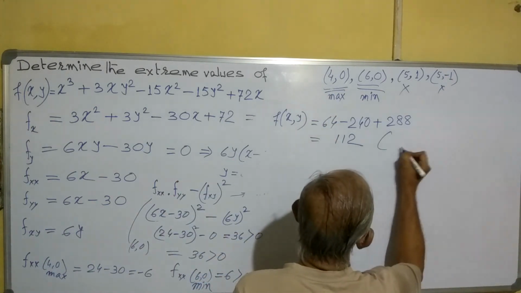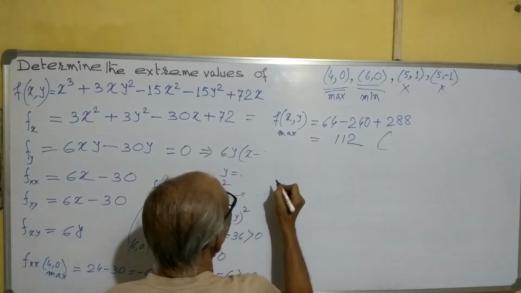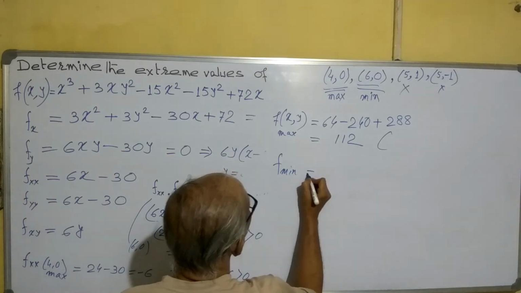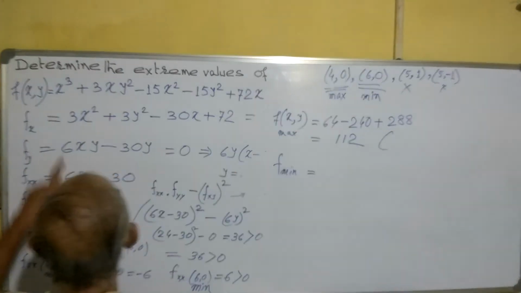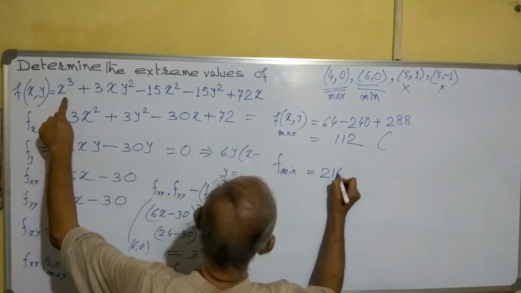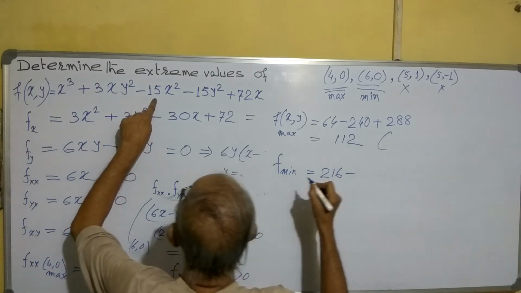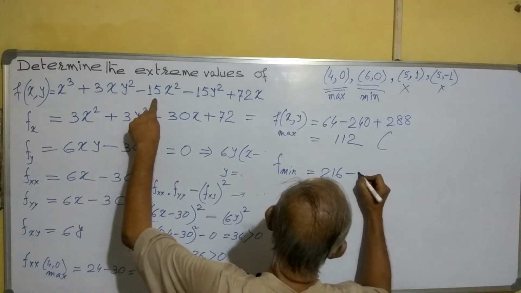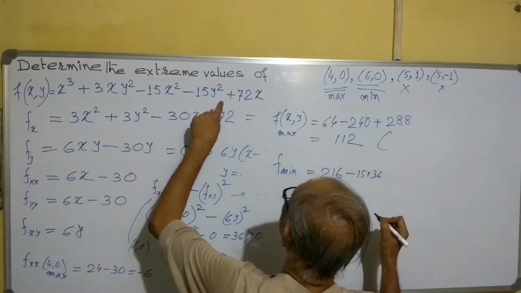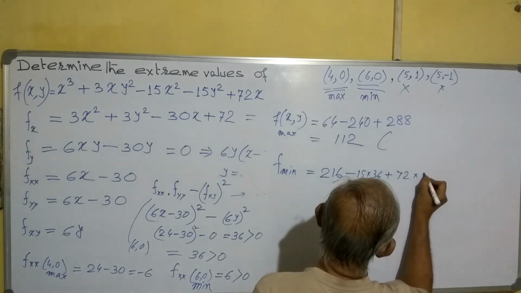So this is the maximum value, and now the minimum. What will be at minimum? Minimum is at 60. So it is 216. This is 0 minus 15 into 36. This is 0 plus 72 into 6.